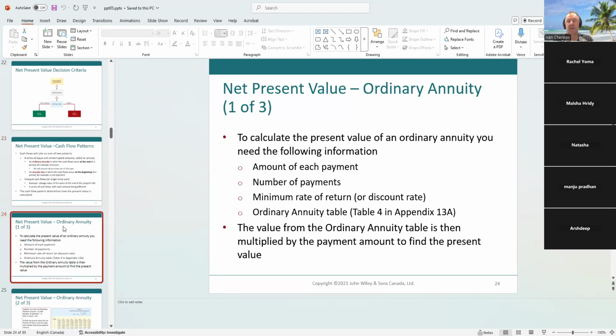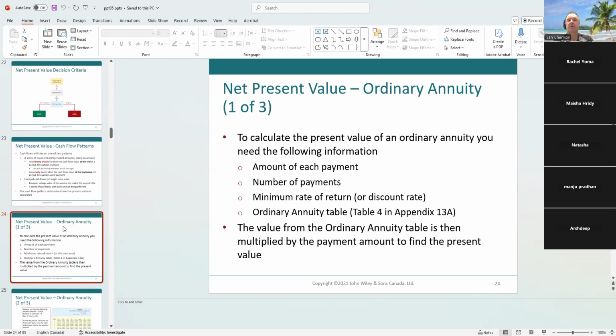One option is if we have each payment at the end of the year equal, then we're going to go with one calculation. Usually we're going to use the ordinary annuity, assuming that the cash always happens at the end of the period.